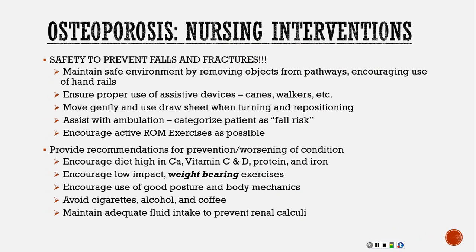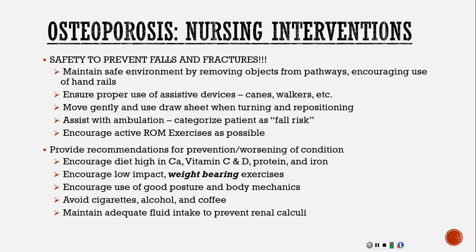So these are the things you want to encourage. What's the key nursing diagnosis for an osteoporosis patient? It's going to be safety. That's going to be your focus. Safety to prevent falls and fractures. Also, provide recommendations for prevention of the worsening of the condition.